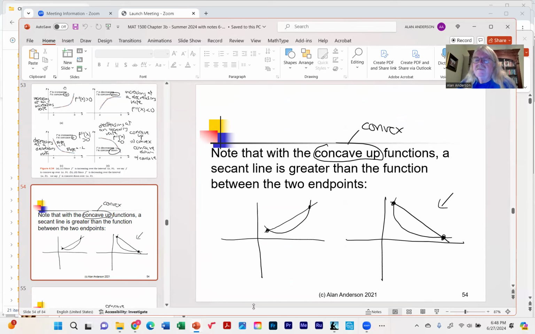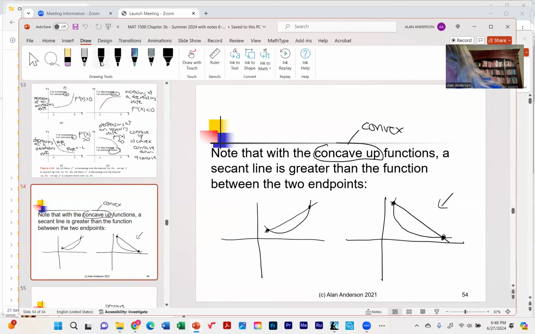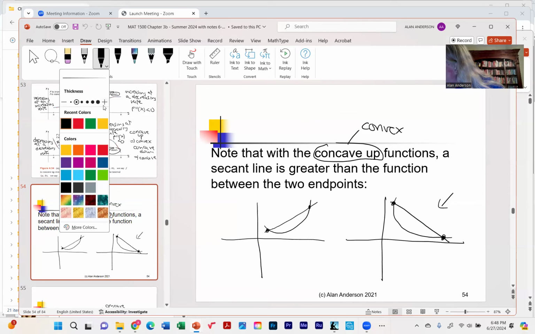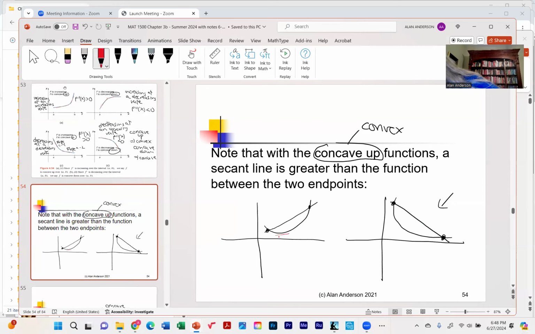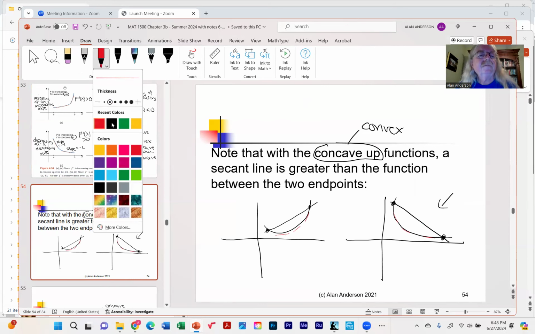Well, you can see that as we go to the right, let's sketch this in here. The slopes of these tangent lines are increasing. In this case, they're becoming more positive. In this case, less negative. So we know that the second derivative in both cases is positive.